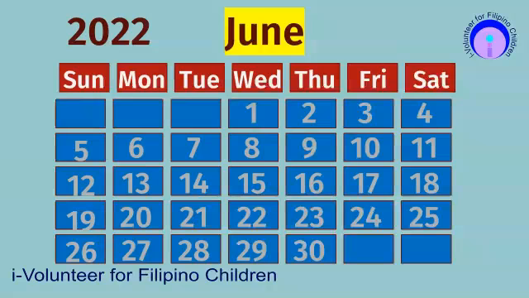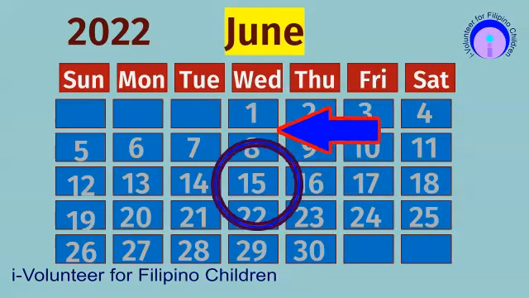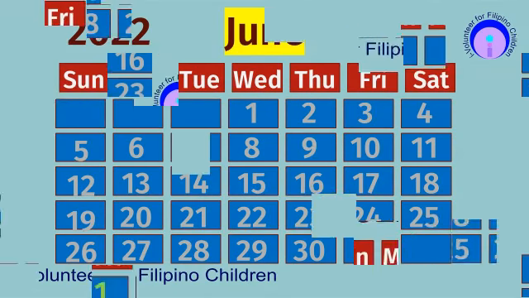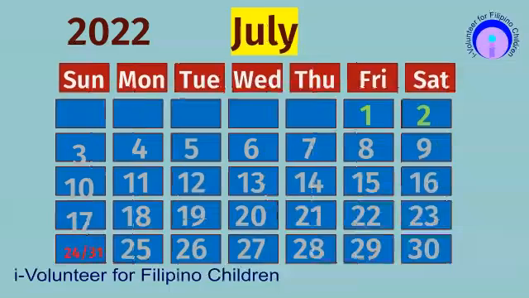In the month of June, can you figure out what day of the week is June 15th? Yes, June 15th falls on a Wednesday. For the month of July, can you figure out the last day for this month?